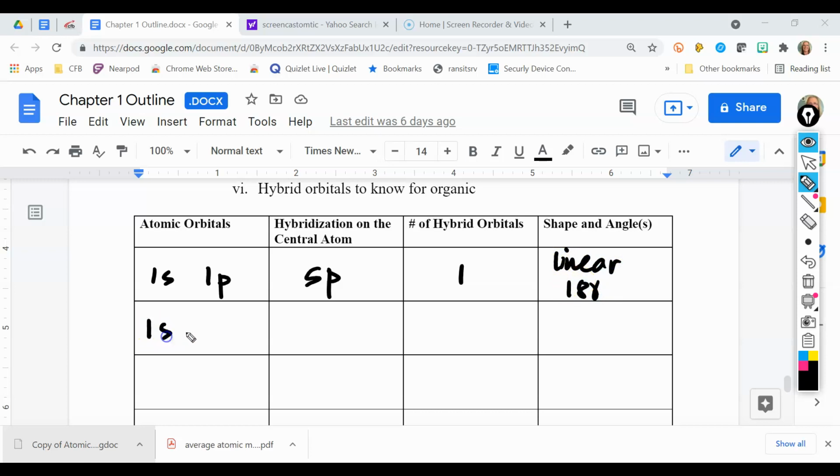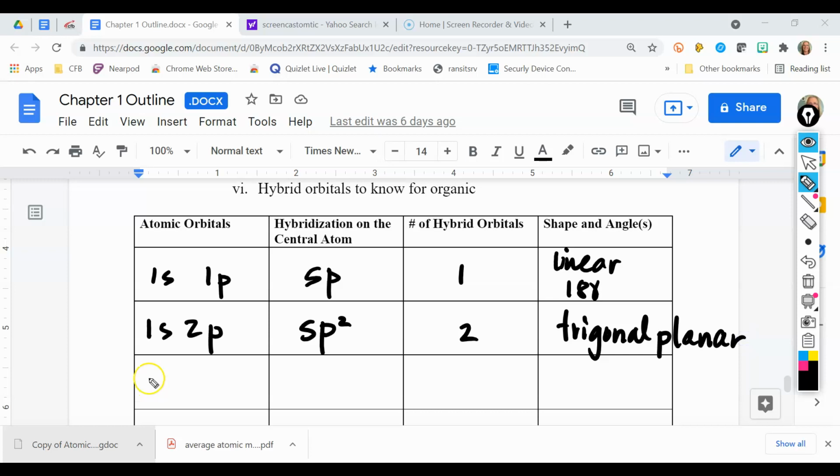What if I have 1s and 2p? So I end up with sp2, and that's going to be 2 hybrid orbitals. sp2 oftentimes implies that we have a trigonal planar situation.